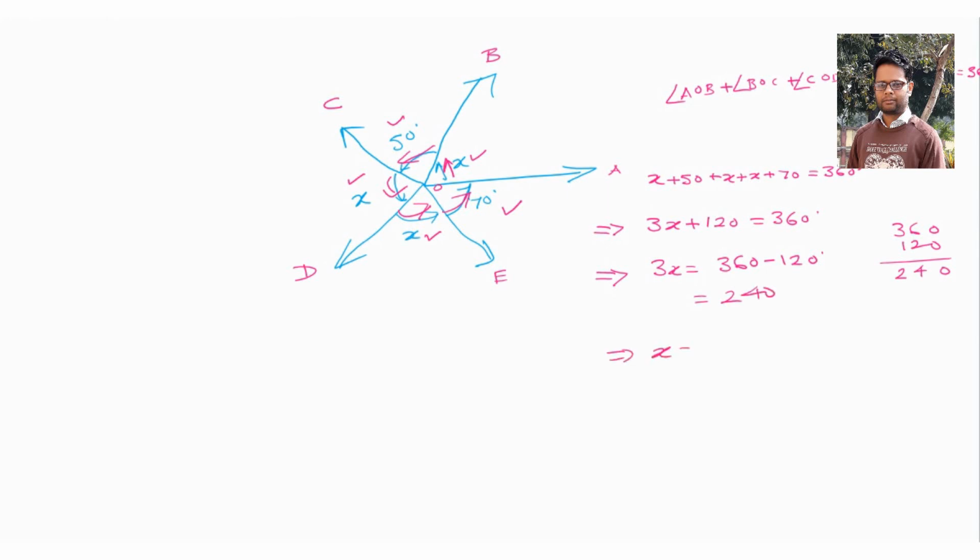So x is equal to 240 by 3, that means 80. So x is equal to 80 degree. Now this angle is 80 degree, this angle is 80 degree, this angle is 80 degree, and this is also known 70 degree. So by this process we can find out.